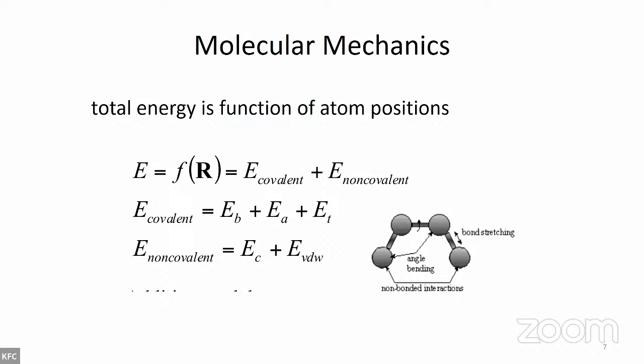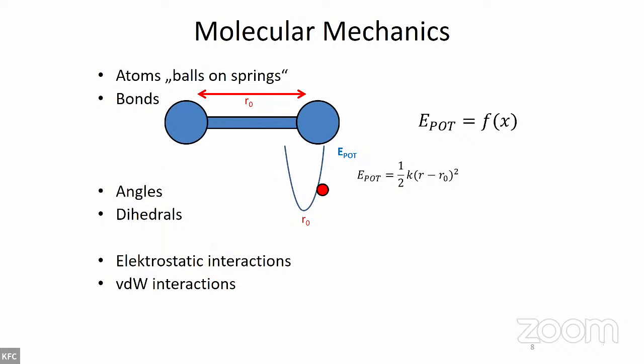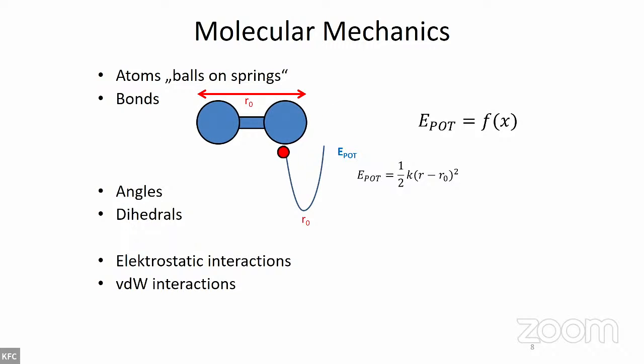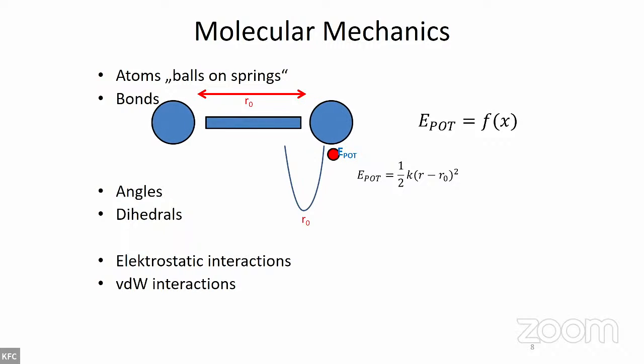That's the last part. Then the non-covalent ones are the electrostatics, which is usually stated as a Coulombic term, and van der Waals. And all of these are usually somehow connected to each other, and those bonds, a little bit bigger than I expected, are moving along, let's say, some kind of harmonic potential, where there is the optimal distance, and how much it will go further is driven by the force constant there.